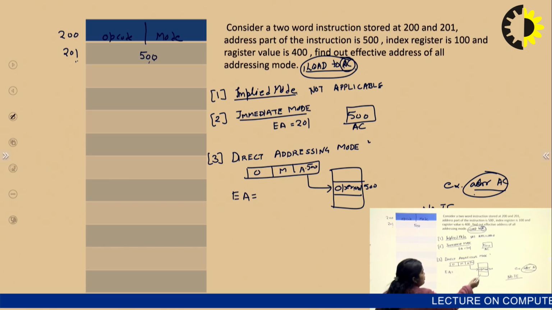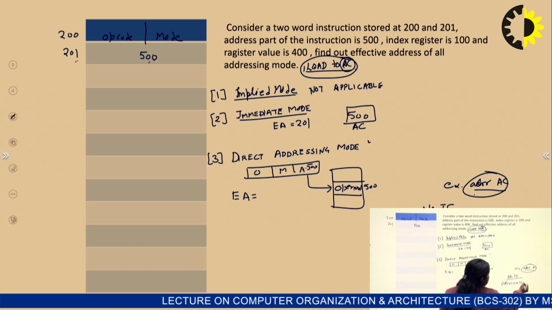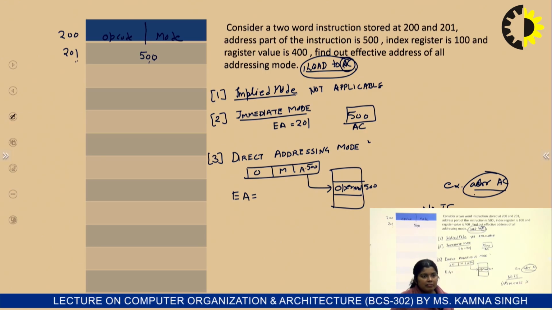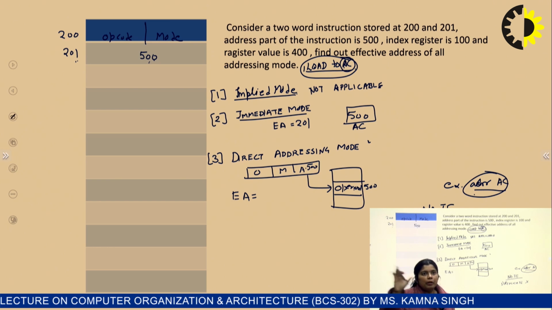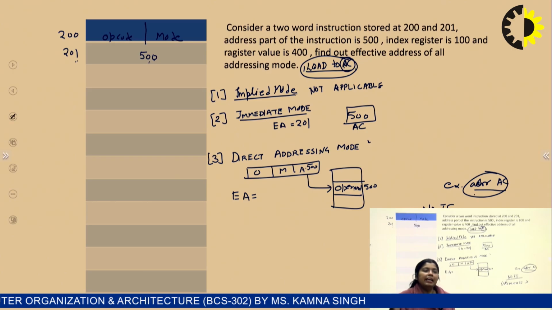How do you assume it? First, it should not be replicated. Whatever addresses are given, suppose 200, 201, 500, 100, instead of these you should take some other values for the operand.